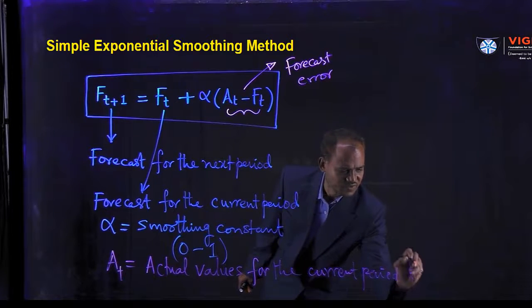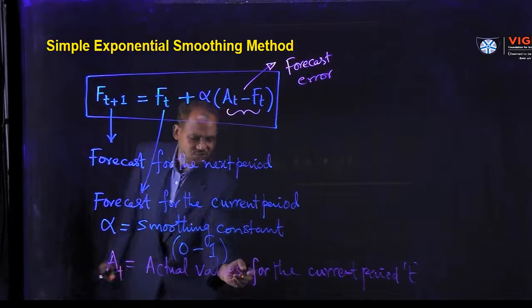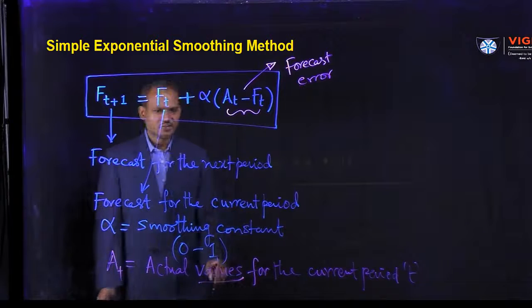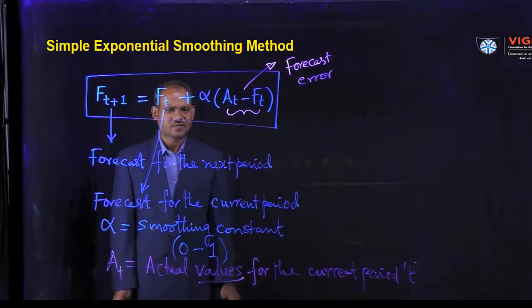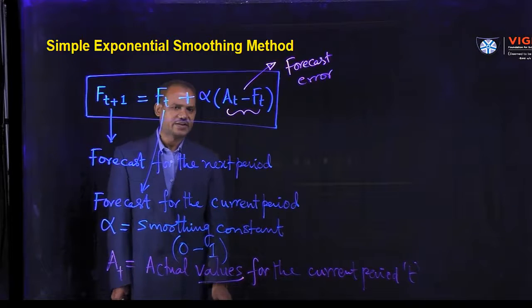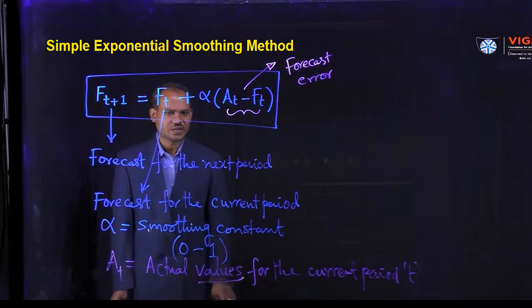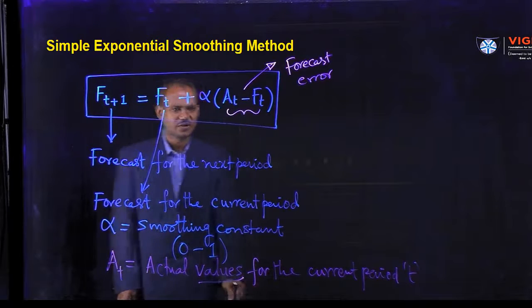Let us assume t is the current period. Why am I calling it values? The value may be sales or demand, depending upon the given data. We can say actual sales or actual demand. So At is nothing but the actual demand.